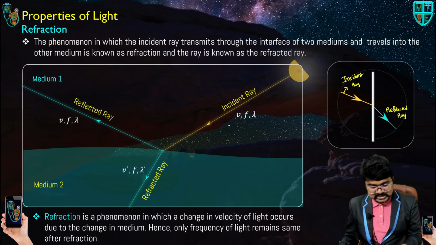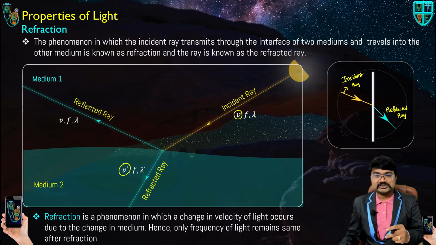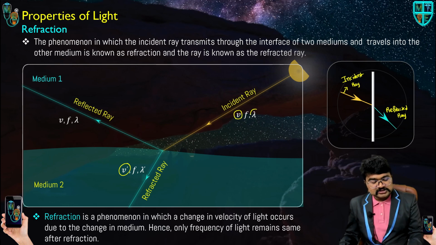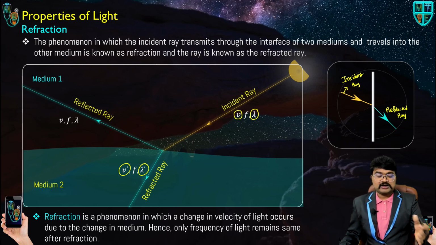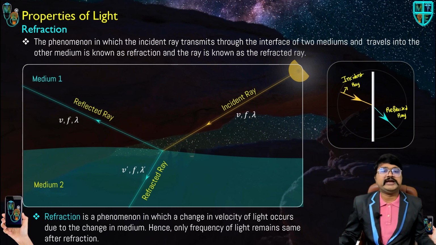Here this is the velocity V dash. The velocity of the refracted ray is not the same as the velocity of the incident ray. The wavelength of the refracted ray is not the same as the wavelength of the incident ray. This is all about some fundamentals related to refraction. The main thing is the medium.